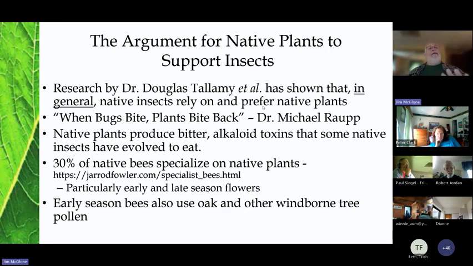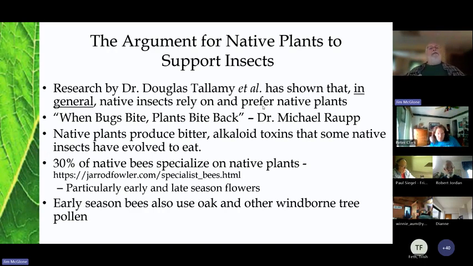And the science that underlies this idea is encapsulated by Dr. Michael Raupp, who's also known as the bug guy. He is, I think, an emeritus professor, extension professor of entomology at the University of Maryland. What he says is when bugs bite, plants bite back.